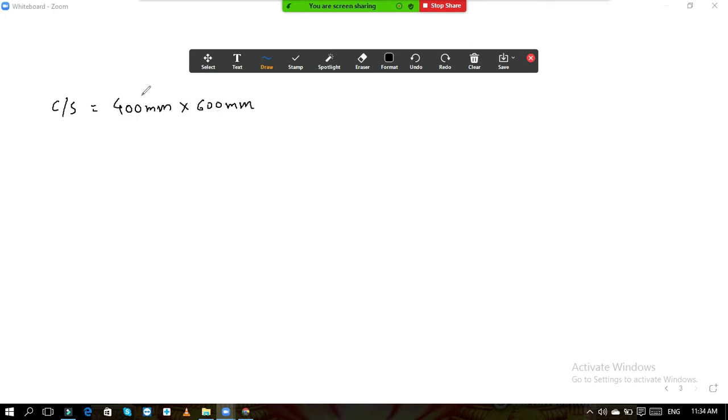Then the beam carries a live load, or external load, of 180 kilonewton at center.